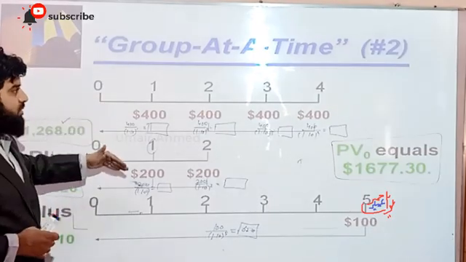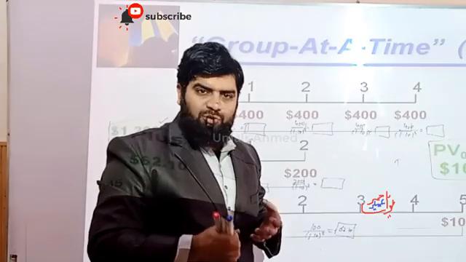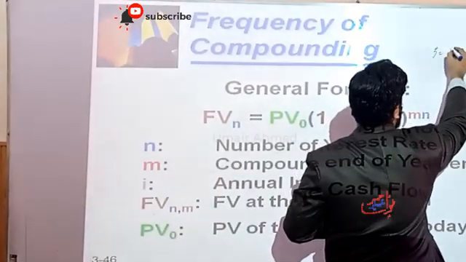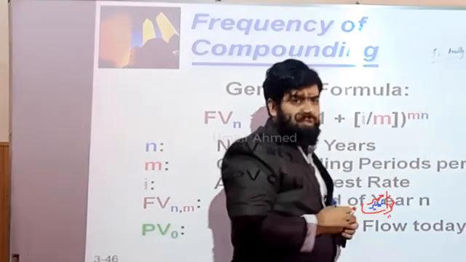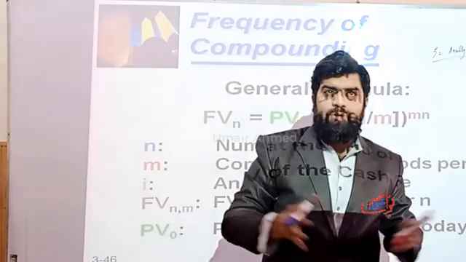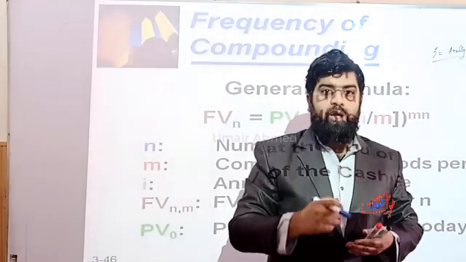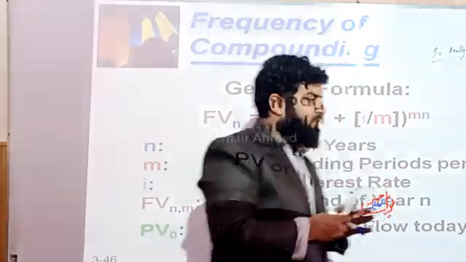This is the way you can calculate the cash flows of different groups. Interest rate is annual, but sometimes we have interest rate in the form of semi-annual, quarterly, monthly, and sometimes daily. So how to tackle this?